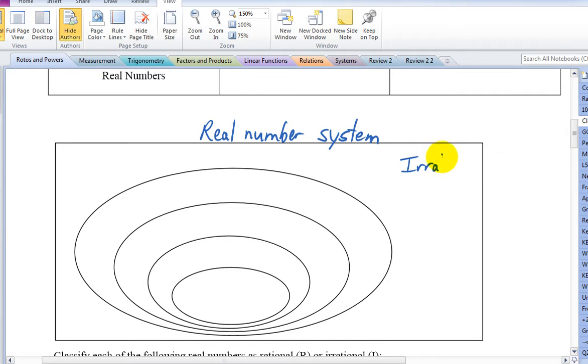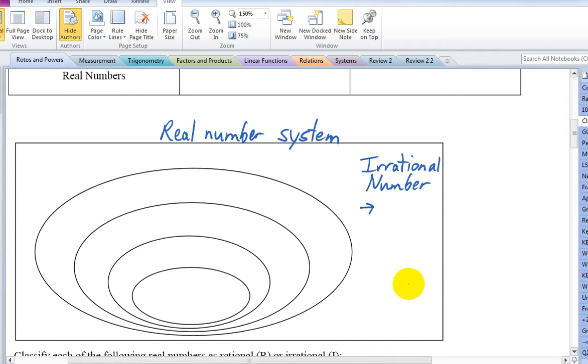what we call irrational numbers. They're weird numbers that don't quite make sense. Okay. So if you turn them into a decimal, the decimal does not repeat, nor stop.